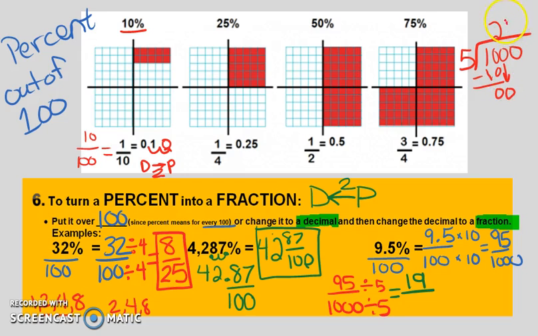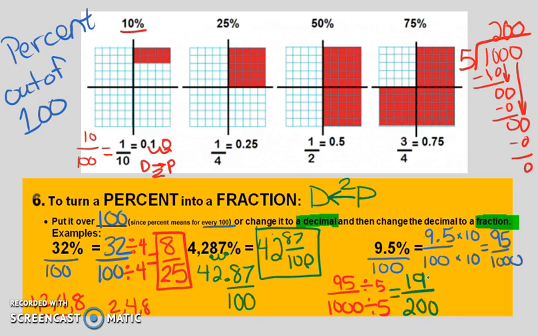It goes into 0 0 times. It's important to keep these digits lined up so we know how many we still need to use. And 5 goes into 0 0 times. That's a lot of zeros. So you can tell 200 times 5 is 1,000. So 1,000 divided by 5 would be 200.